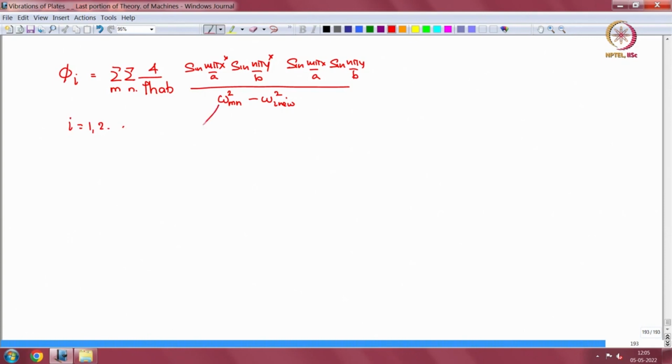These are the old mode shapes of the plate, and the new mode shape is a weighted sum of the old mode shapes. So, analytically we have analytical new modes. It is a very powerful technique.